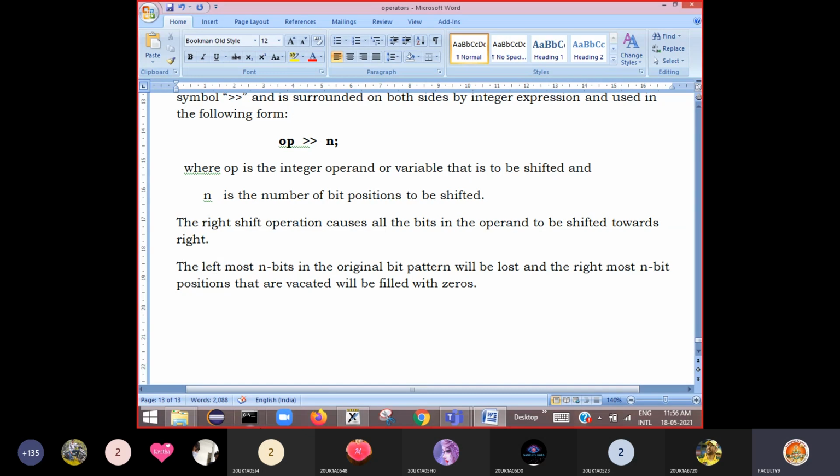So the rightmost n bits in the original bit pattern will be lost, right side bits this time, and the leftmost n bit positions that are vacated will be filled with zeros. Automatically these bits on the left side will be filled with zeros, vacant positions will be created, and the right side bits will be lost.